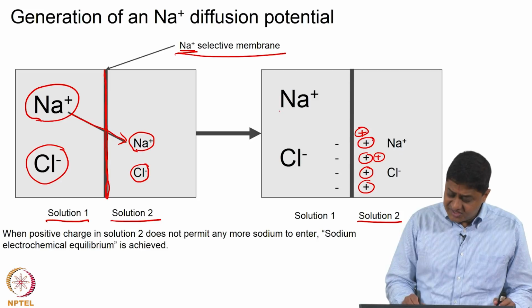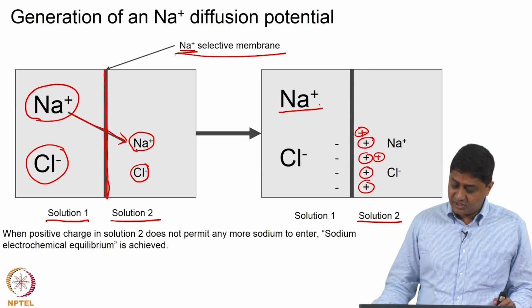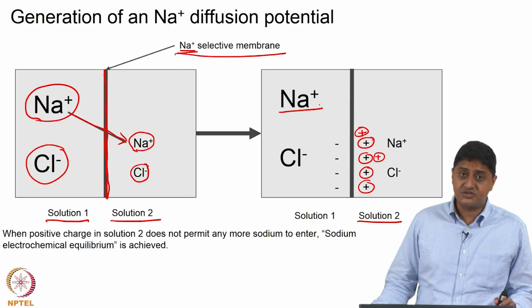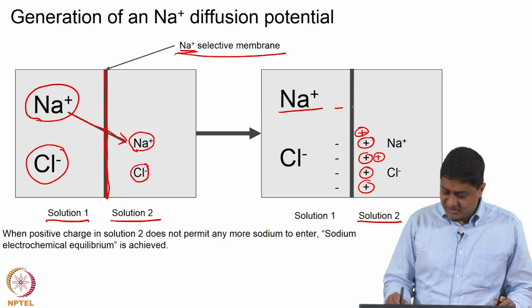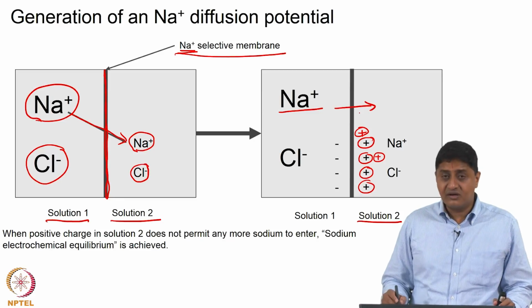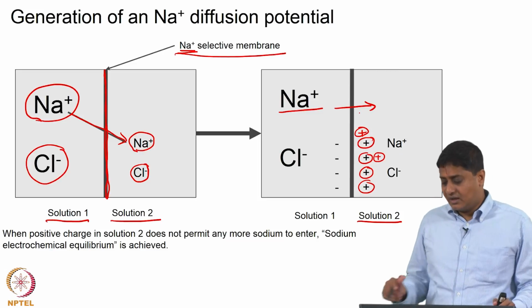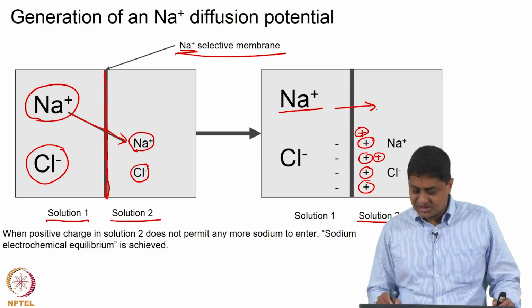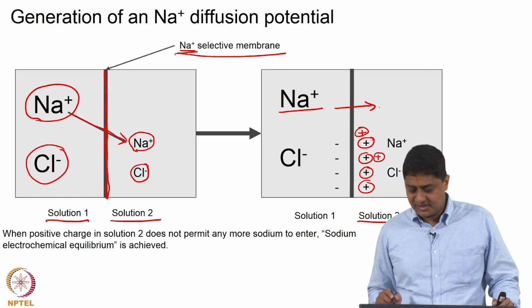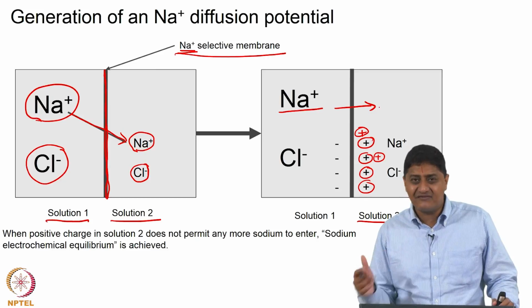If sodium was not charged, if sodium was not an electrolyte, not an ion, if it was a non-charged solute, then the movement of this substance would be driven only by the concentration gradient, and that will not build any charge on the right side, in solution 2, because the solute does not have any charge.